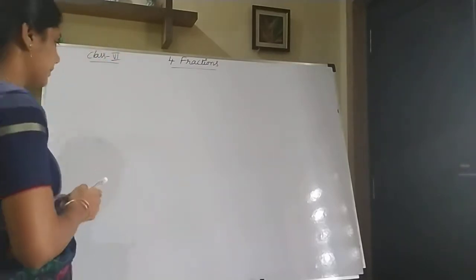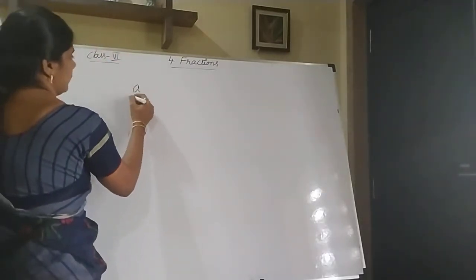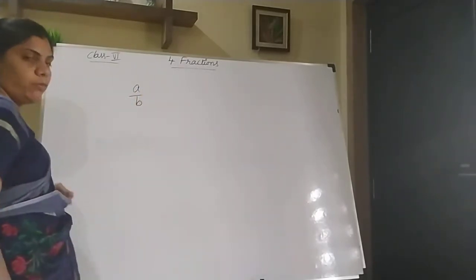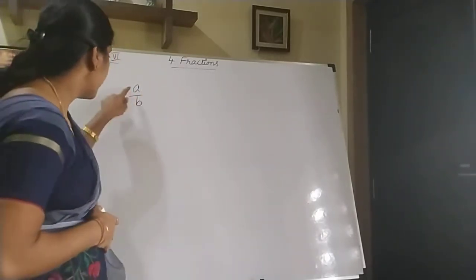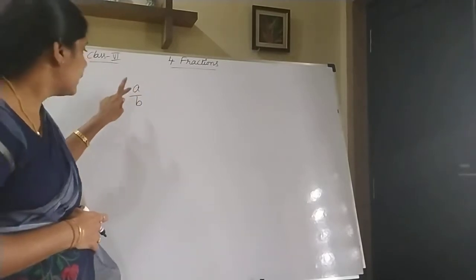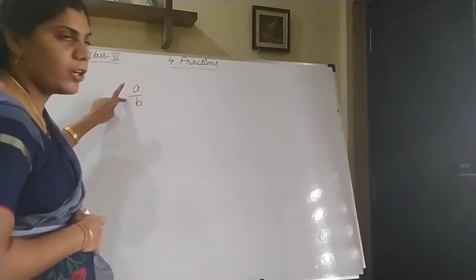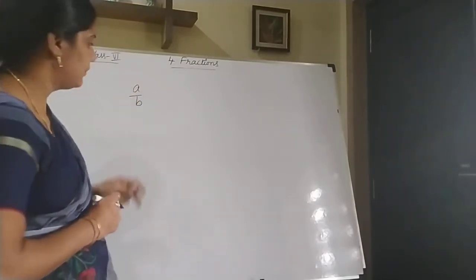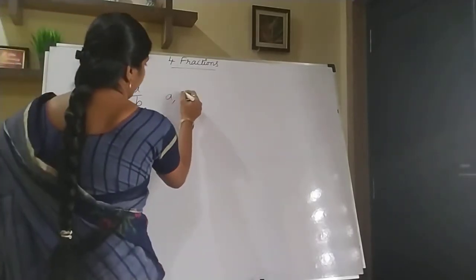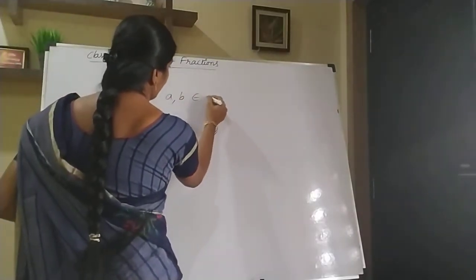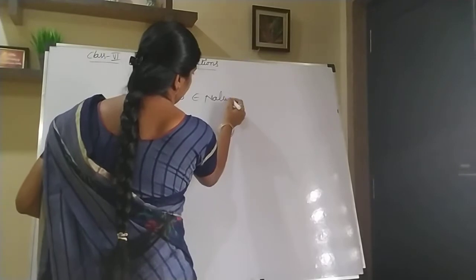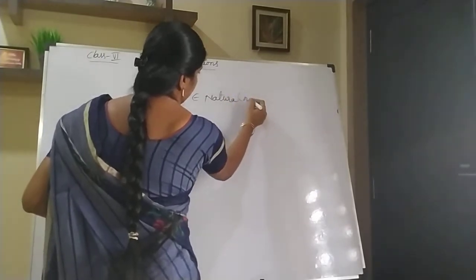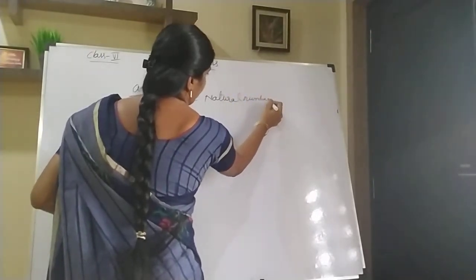Okay, see, if you write numbers in the form of a by b, then this will be called a fraction. See, where a comma b belongs to natural numbers.